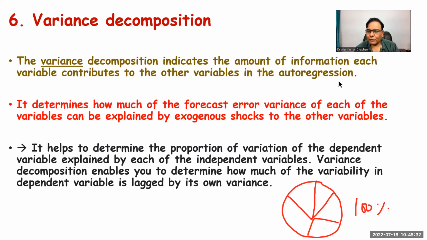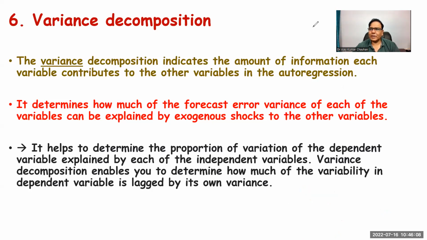Let's say 50% of the variance is coming from its own lag, 30% from X1, 20% from X2, 5% from X3, and 5% from X4. Something like that. So we are explaining how much proportion of the variance in the dependent variable can be explained by different independent variables.